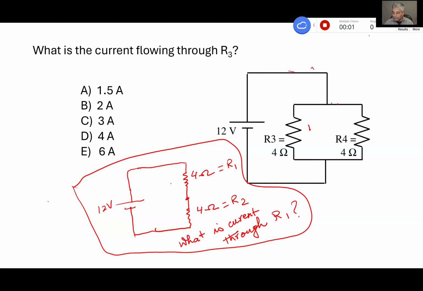You have a minute and 30 seconds. Thirty more seconds.